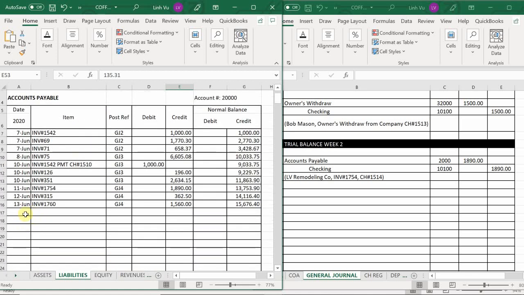And so check 1514. I'm going to say I'm making a payment to invoice 1754 payment. Okay.